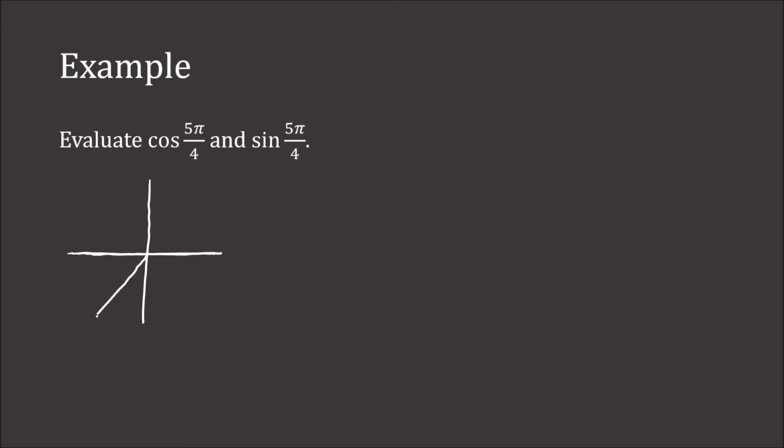So 5 pi over 4 would be somewhere in quadrant 3. So if we wish to find our reference angle, call it phi, right? So phi is 5 pi over 4 minus pi. This gives us pi over 4.